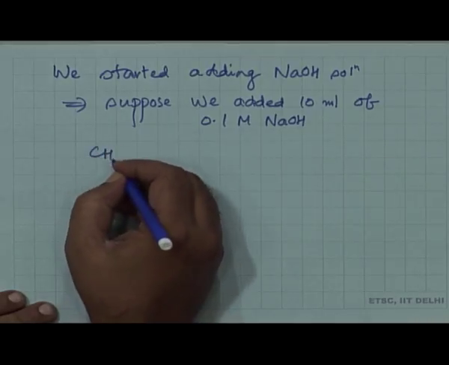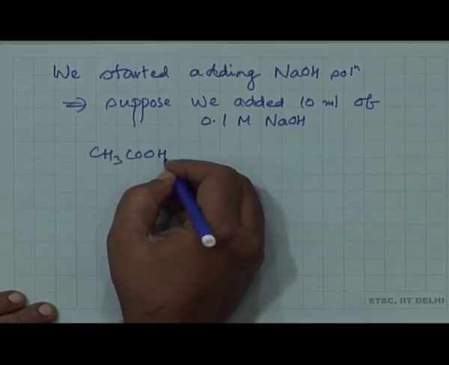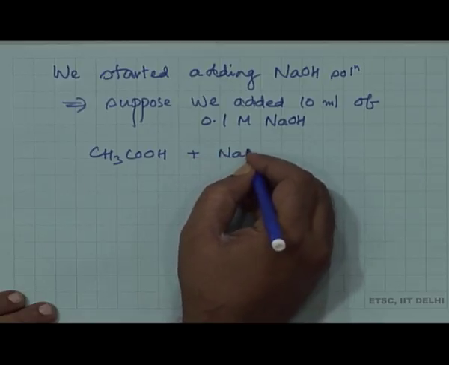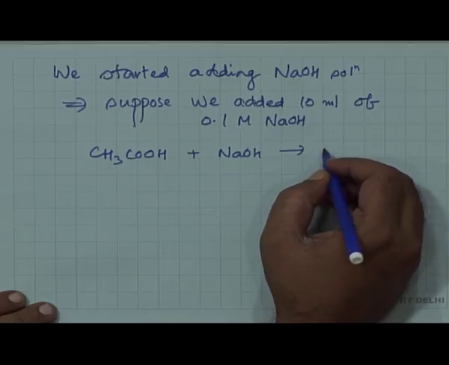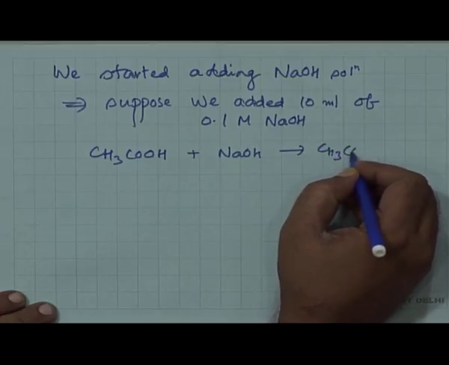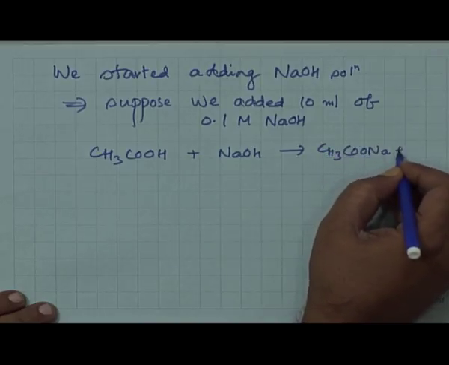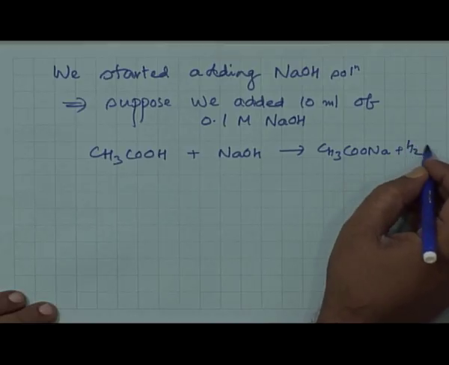So, you have acetic acid plus NaOH, and what you will get is CH3COONa plus H2O.